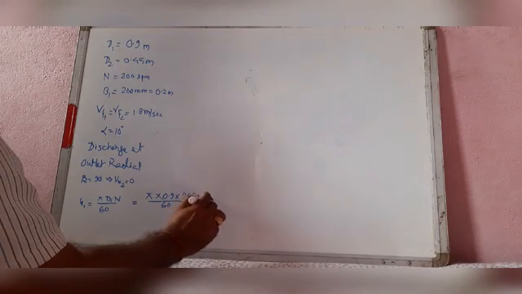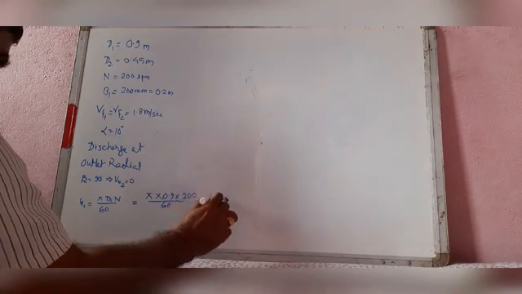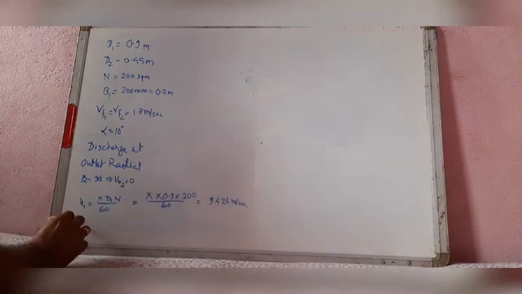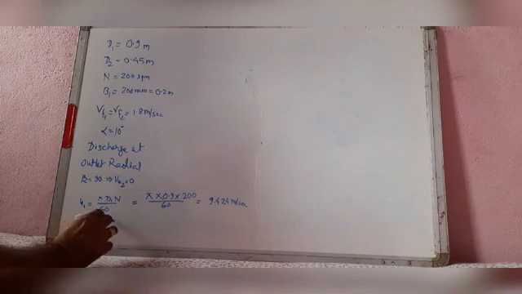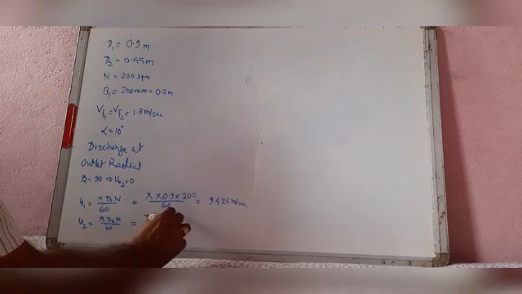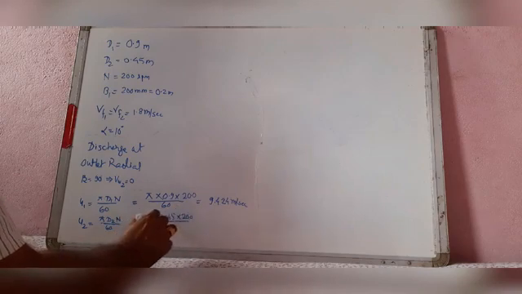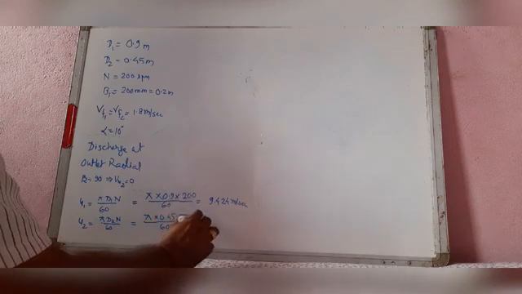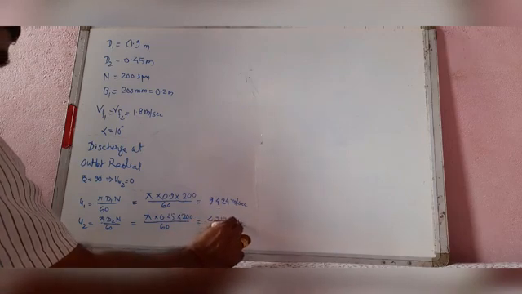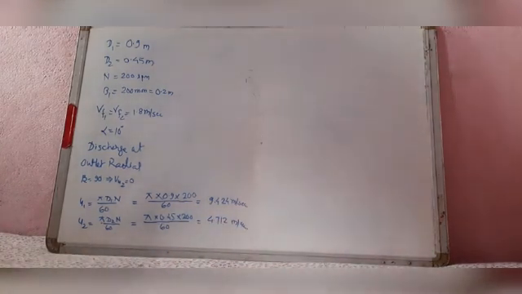So this U1 comes 9.424 meter per second, and U2 can also be calculated by pi D2 N by 60, equal to pi into 0.45 into 200 divided by 60, equal to 4.712 meter per second.